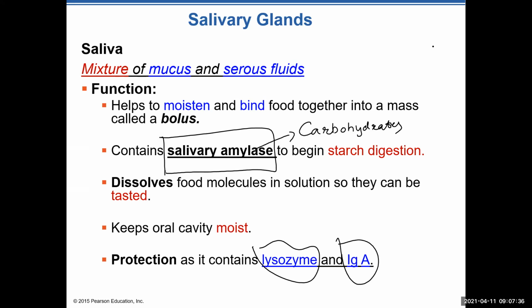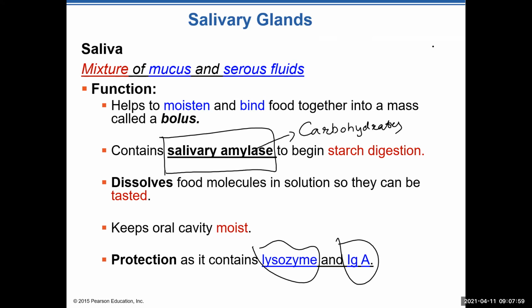So it's a process which we'll talk about once again. First there are complex carbohydrates, then oligosaccharides, then disaccharides, and then finally glucose, the monosaccharide. That's what we want at the end.